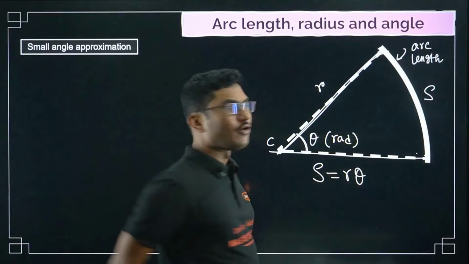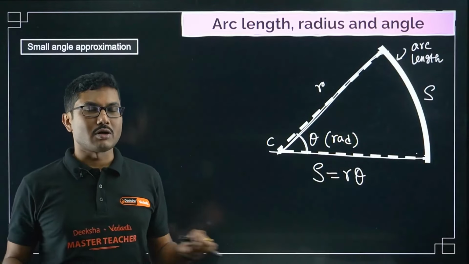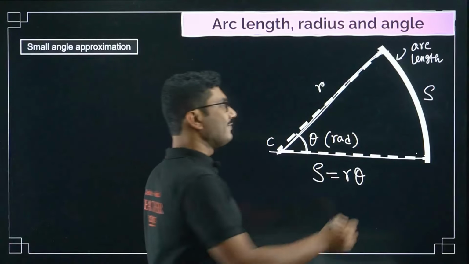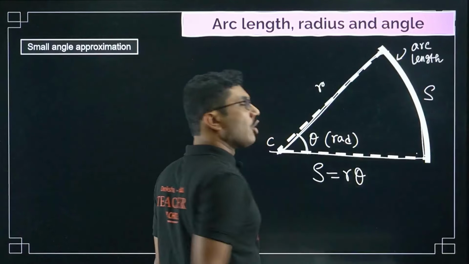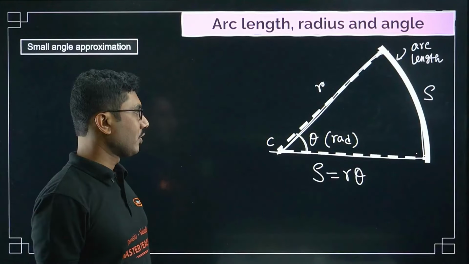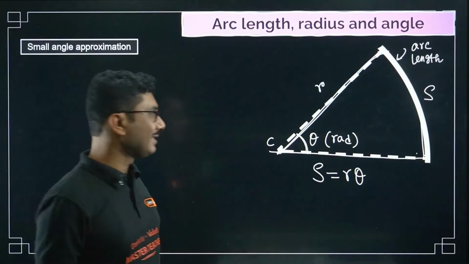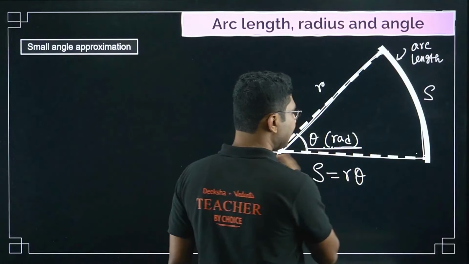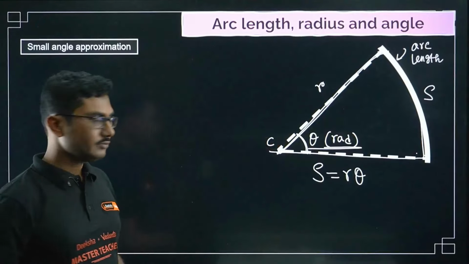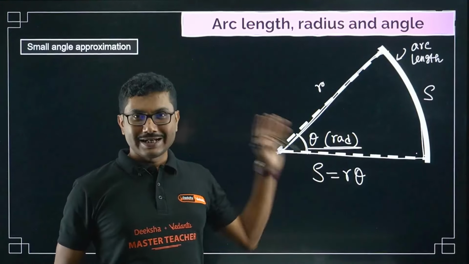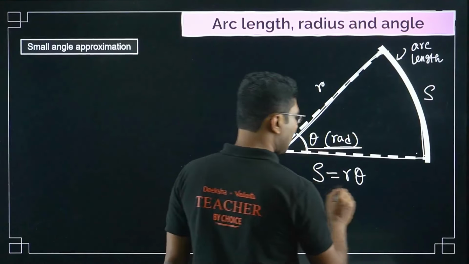This is valid for all circles, all arc lengths. Remember this: it is valid for all circles, all arc lengths, and theta is in radians. So this is the general formula.